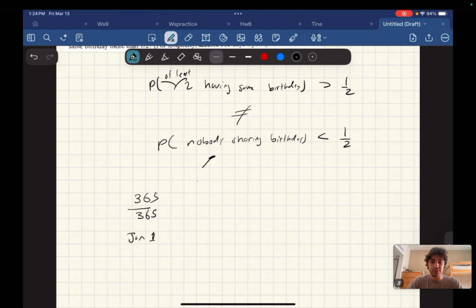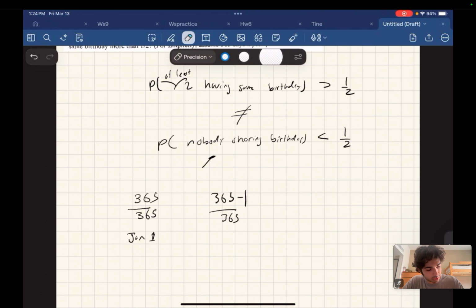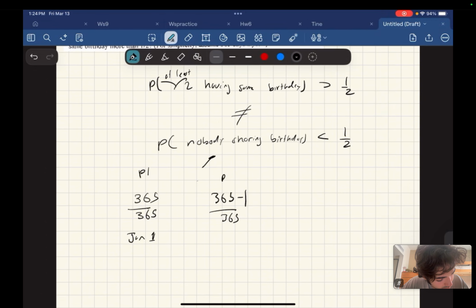Then the next person can have every birthday besides January 1st. So that means they have 364 possible birthdays allowed, or 365 minus 1 over 365. Person 3 can have 365 minus 2 possible birthdays out of 365.